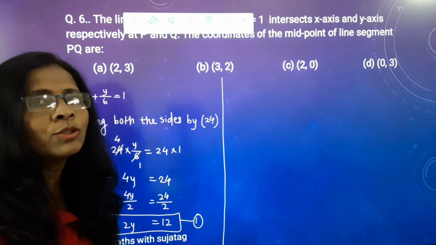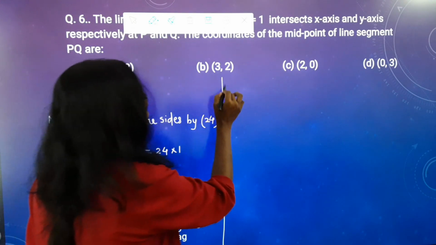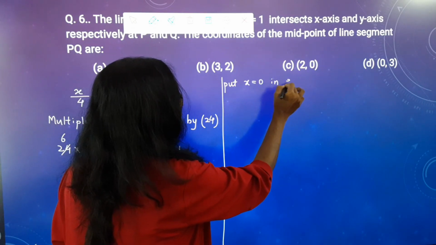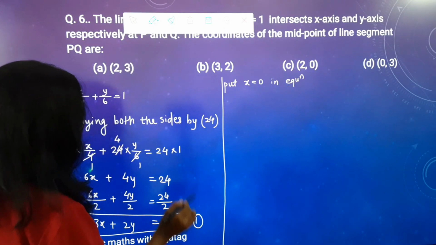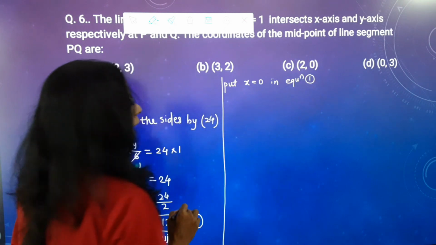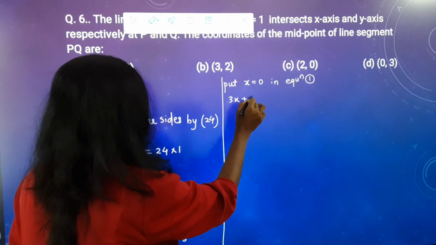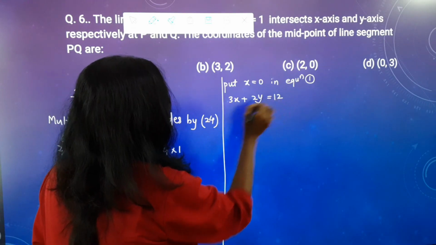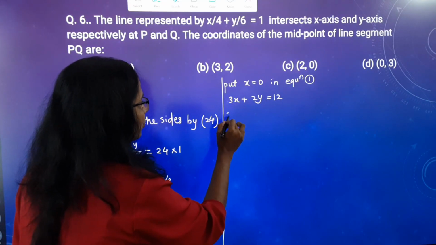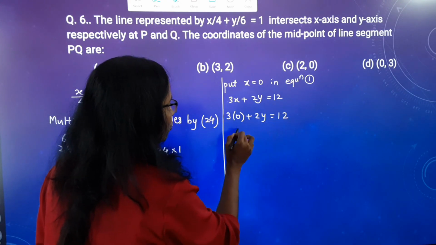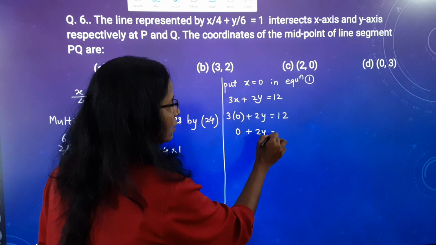Now the second step is that we have to put x is equal to 0 in equation 1, that is 3x plus 2y is equal to 12. So 3 multiplied by 0 plus 2y is equal to 12.